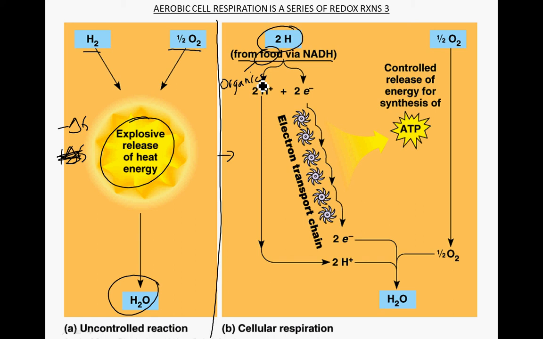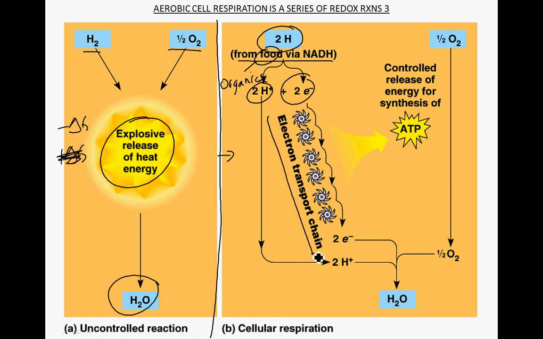I'm going to take those hydrogens from organics, and we're going to put them on NAD+, and when we put them on NAD+, it's going to be NADH, and then as we pull those hydrogens off, we're going to donate the electrons to an electron transport chain.